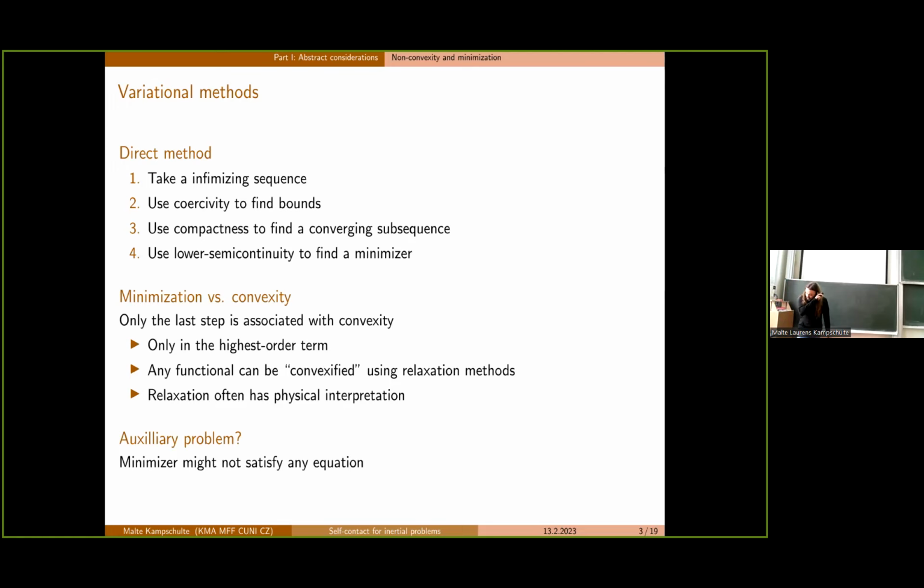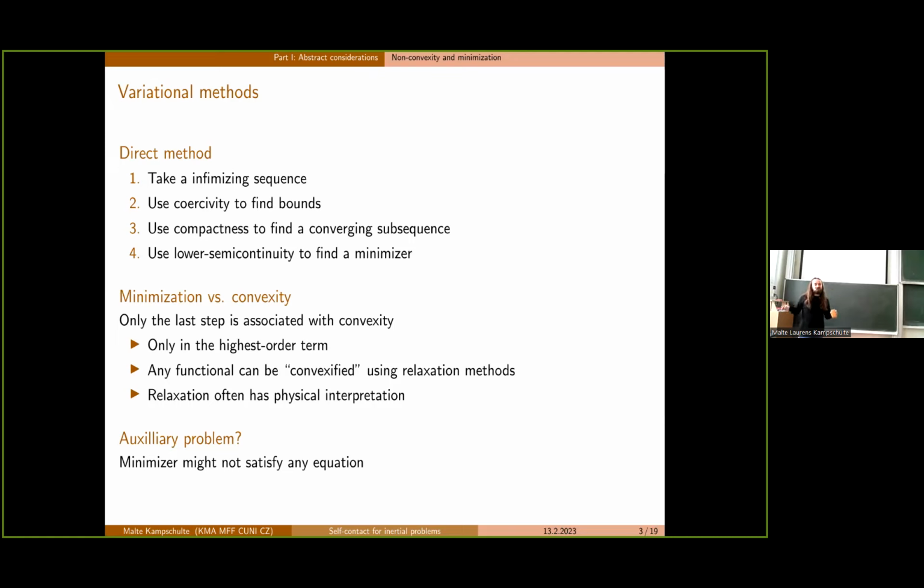Maybe for the students here, if you think back to what you know about the calculus of variations, there was this convexity and lower semi-continuity issue, but this was always convexity in the highest order terms. And if you think back to what I initially said, that what you have is a tangent space of the deformation, you can change your deformation slightly in some directions.